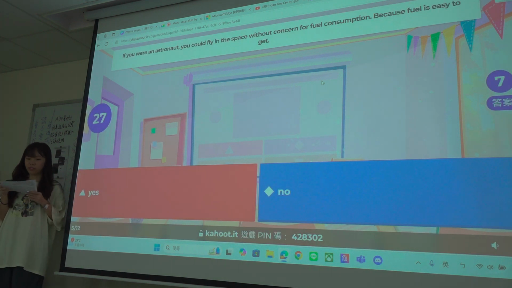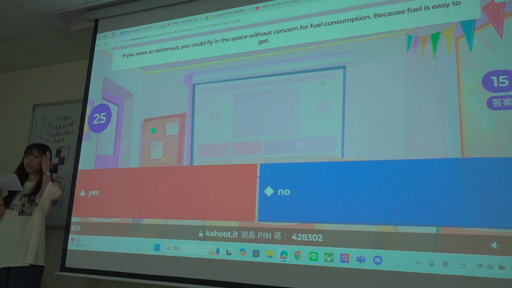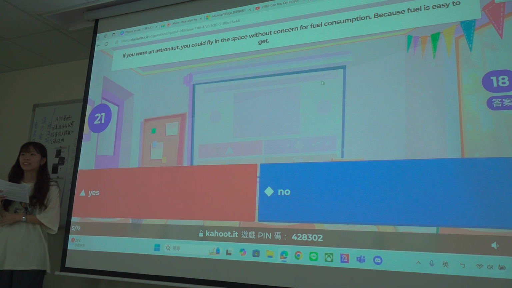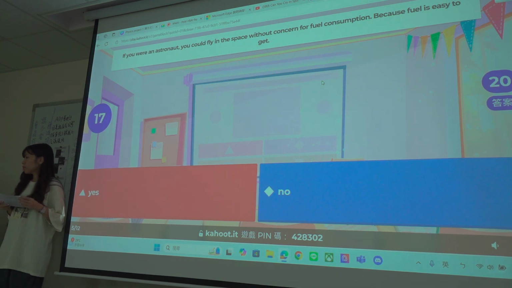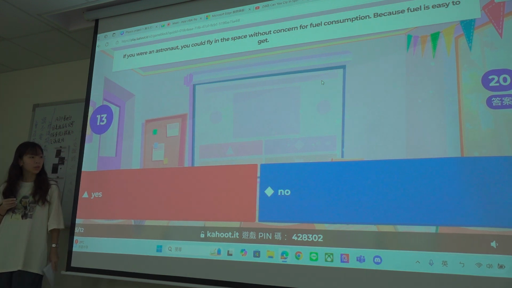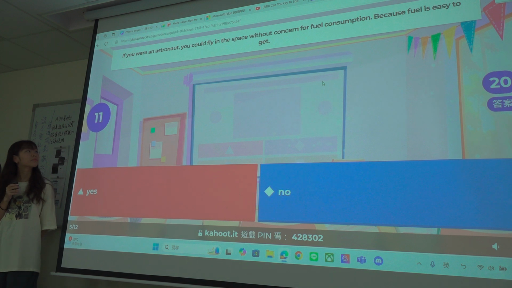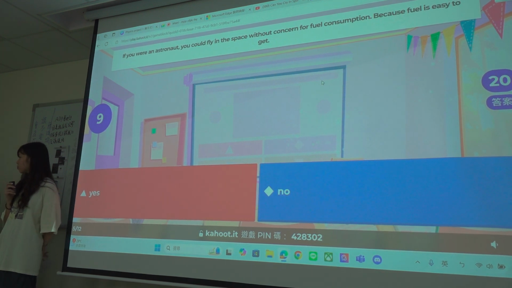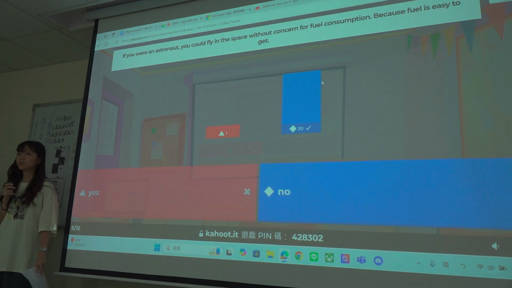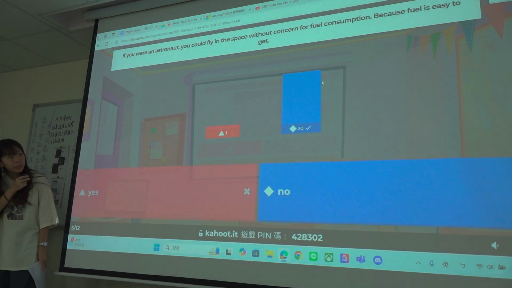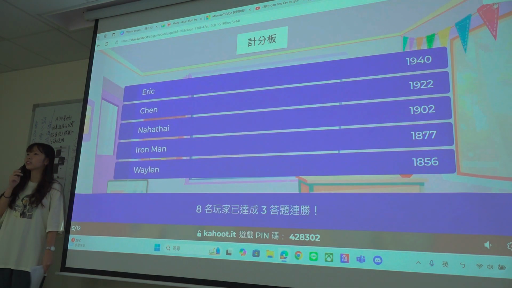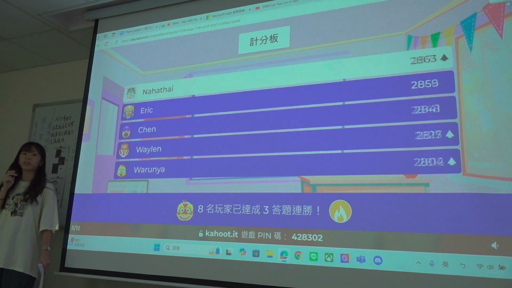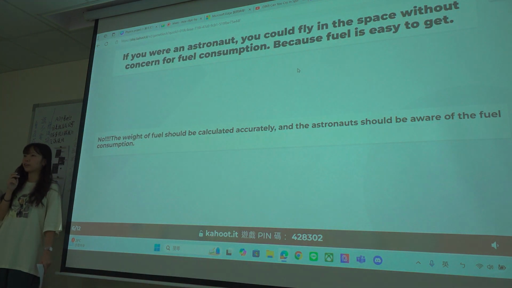Yes or no? The answer is absolutely no, because the weight of fuel should be calculated accurately.